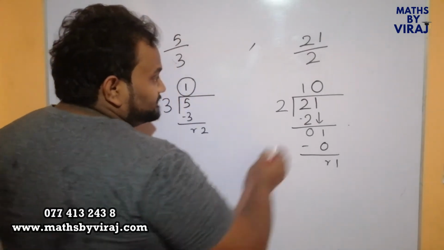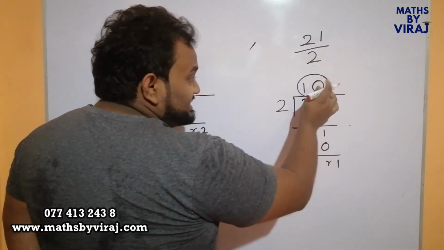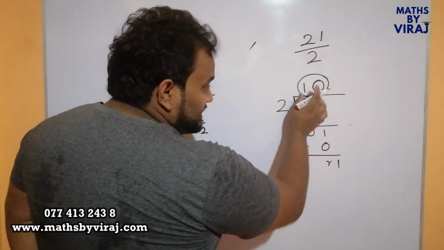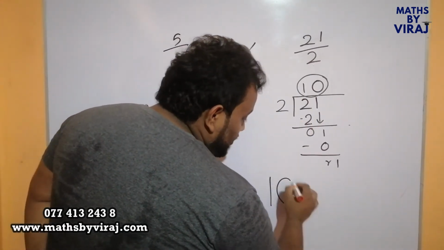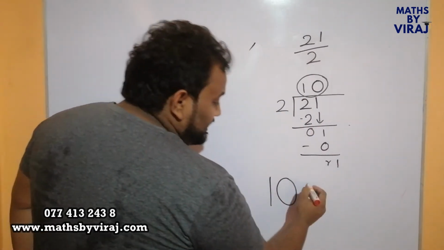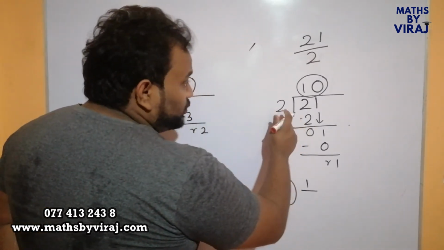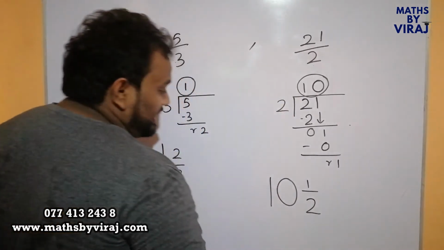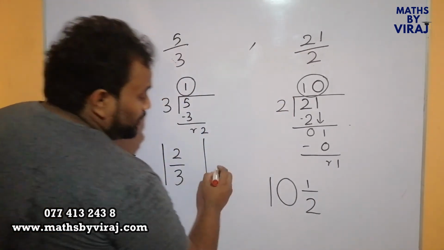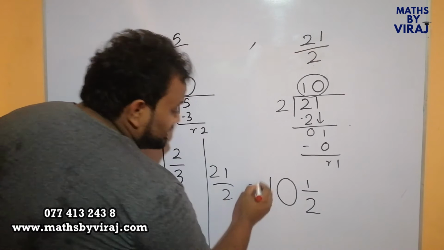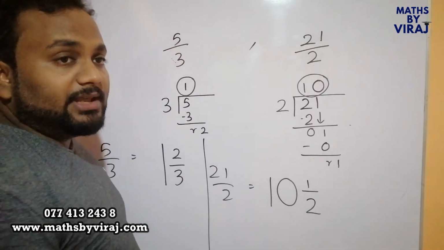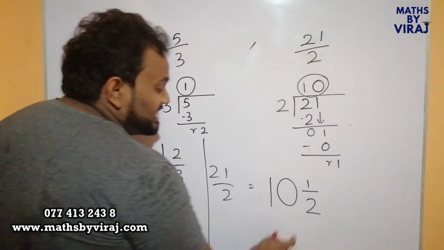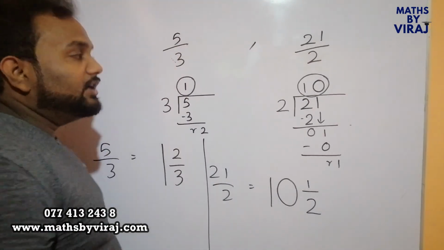Now, like previously, this 10, that is the answer on top, you write as the whole number. The remainder becomes the numerator, and 2, which was already the denominator, remains as the denominator. Therefore, again, 21 over 2, which was an improper fraction, can now be written as a mixed fraction as 10 and 1 over 2.